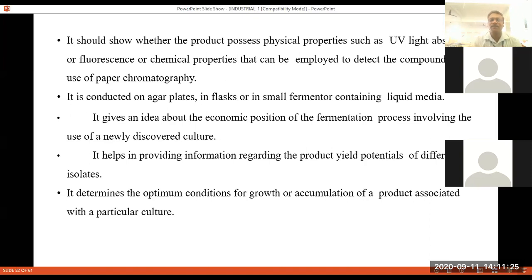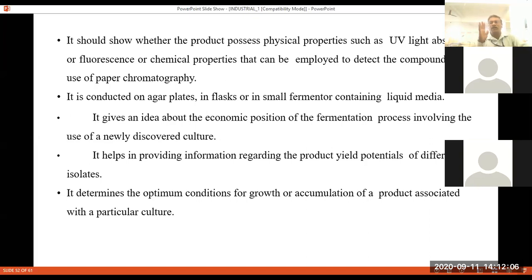The secondary screening helps in providing information regarding the product yield potential of different isolates. How much product should be produced during the process? For example, if I take 1 liter of fermented media, and after the downstream processing I get only 10 grams of vitamin B12.